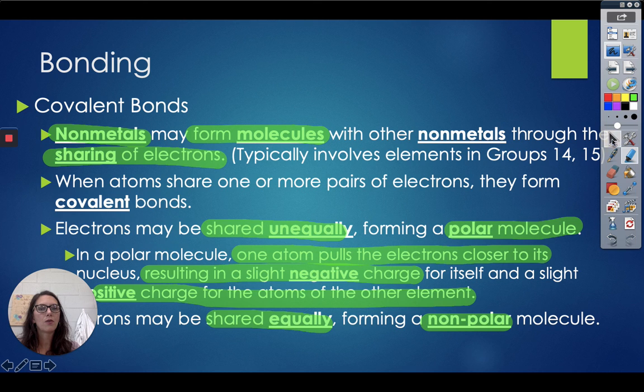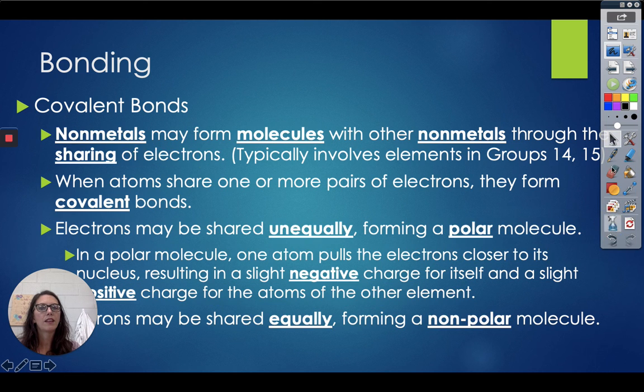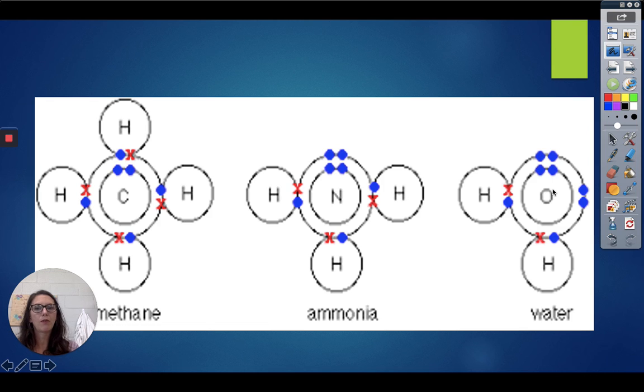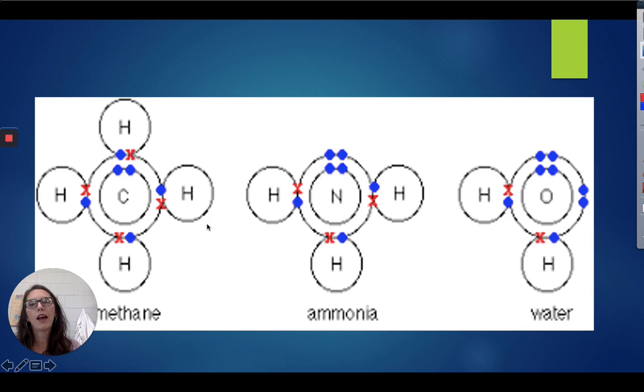Okay, so let's go ahead and move on. Real quick, how can we know this is a covalent bond? Each one of these is covalently bonded. We've got water, ammonia, methane. So this methane molecule here, the hydrogens and the carbon are all covalently bonded, and you can tell because those energy levels are overlapping, and they're sharing those valence electrons, so that each hydrogen atom has 2 valence electrons, because it only has 1 energy level, so they're happy.